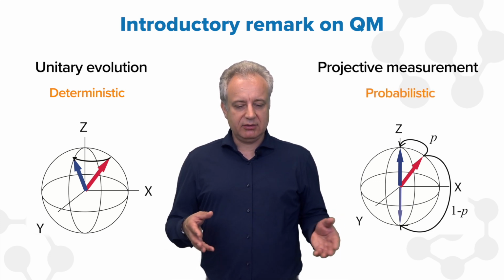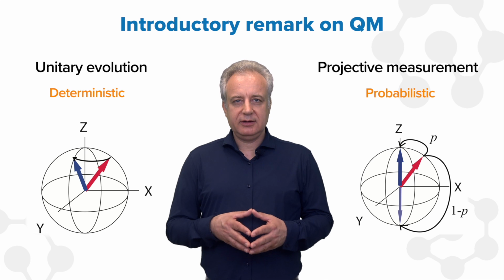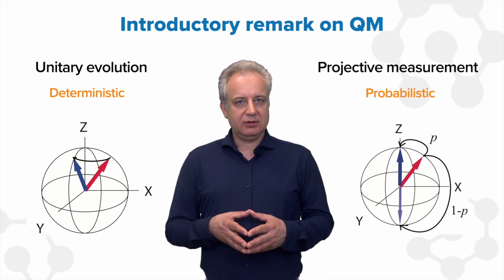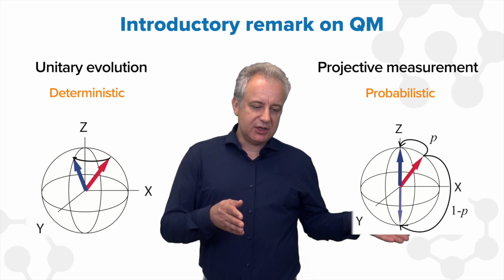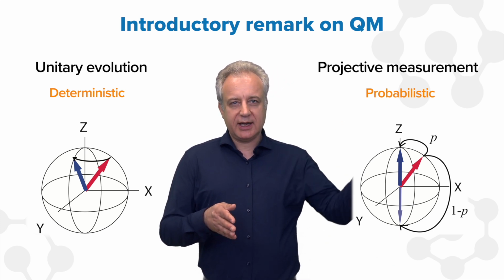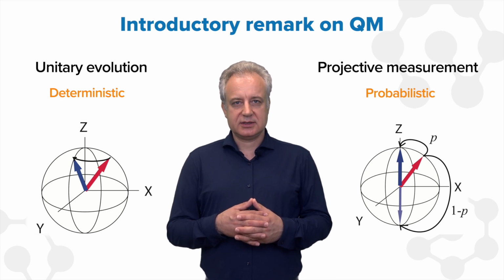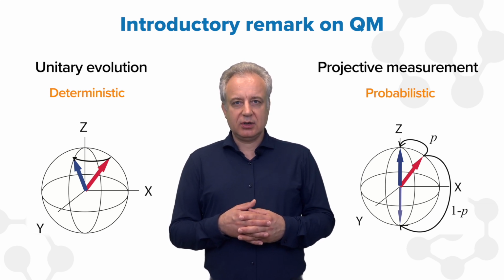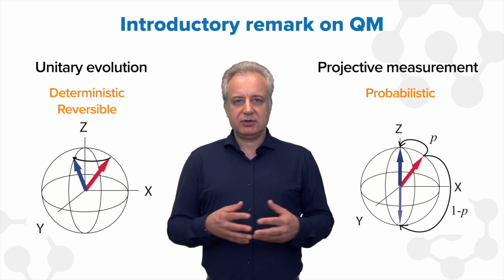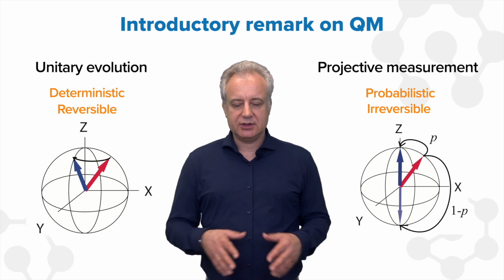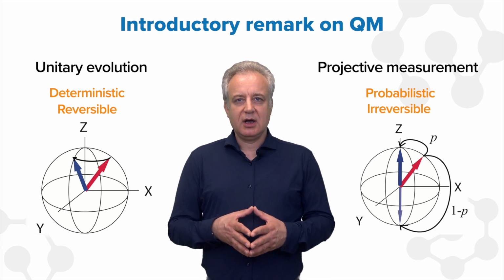So in measurement, we typically have to live with the measurement outcome we got. We cannot choose it, and after the measurement has taken place, we cannot go back to the state before measurement. So measurement is probabilistic. Also, unitary evolution is reversible. Measurement is not.